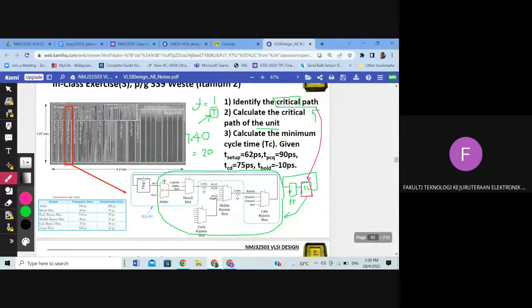Which one is the longest path inside the combinational logic? We can see here this one is the first path, inside the combinational logic. And we have another path, which is this one, maybe in a different color.